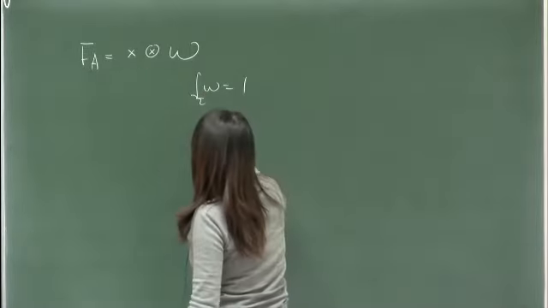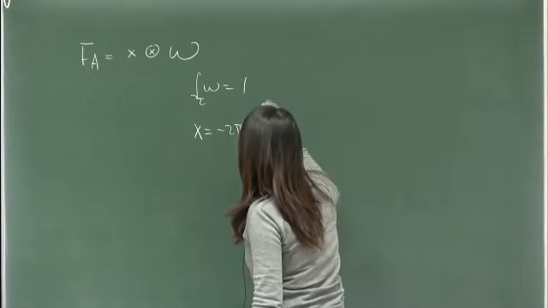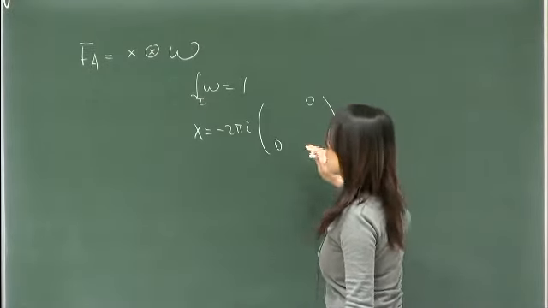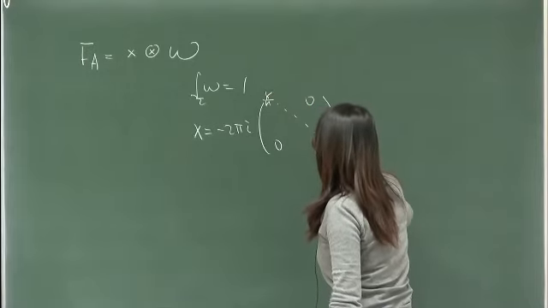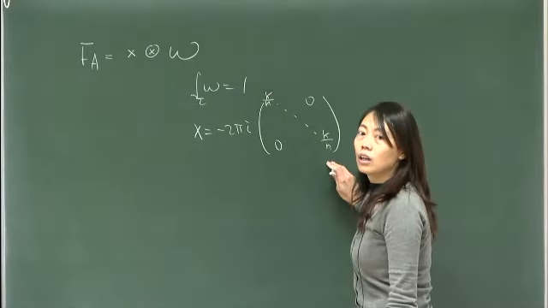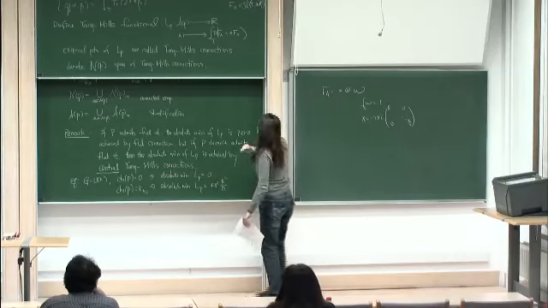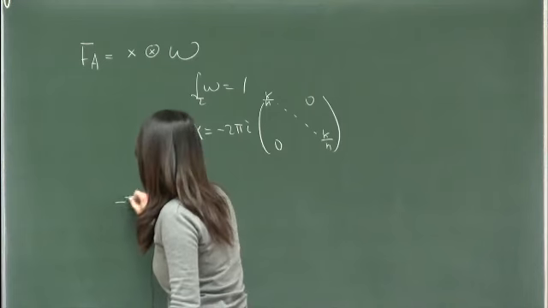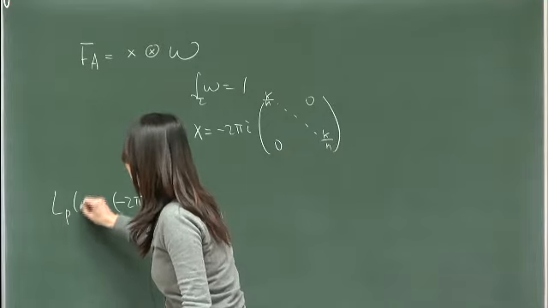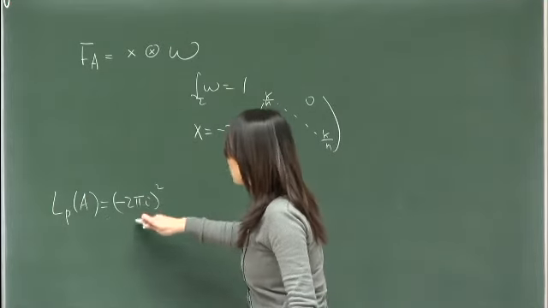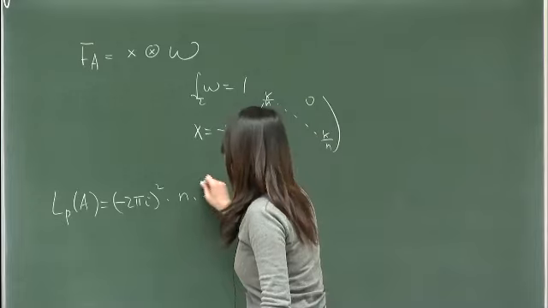And this x is a constant, a diagonal matrix, and on the diagonal it's just K divided by N. When you plug this into the Yang-Mills functional, you get minus 2 pi i squared times N times (K over N) squared.